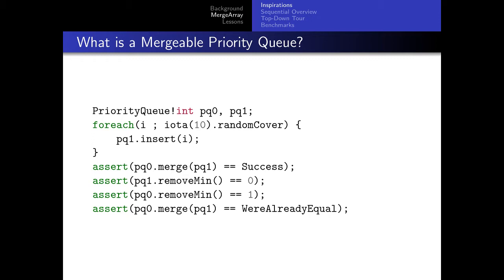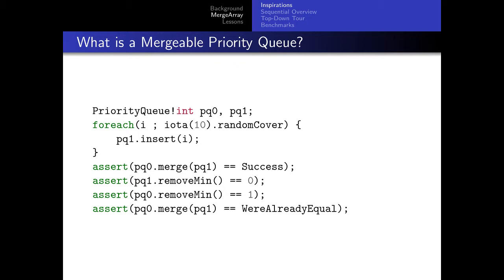If you have PQ0 and PQ1, you can insert values into a priority queue, and you can merge two different priority queues together. When you merge the two priority queues together, all of the values that you put in either one end up in one single priority queue at the end of the merge, if you get a success at least.